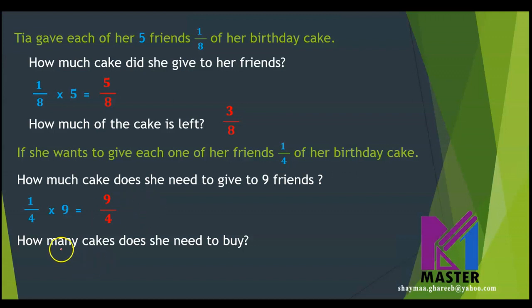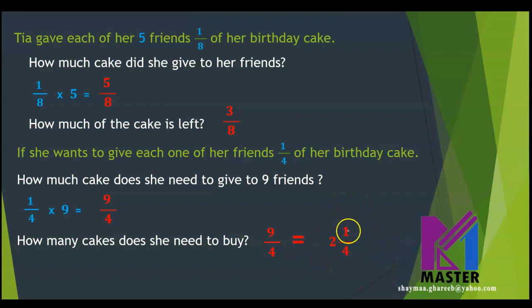So how many cakes does she need? That's why it's asking how many cakes does she need to buy, because she will need to buy more than 1 cake. So in order to answer this question, I need to change the 9/4 into a mixed number. 9 divided by 4 equals 2 remainder 1, which means 2 and 1/4.